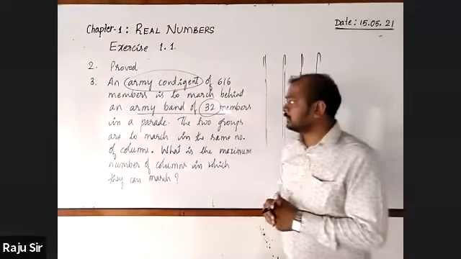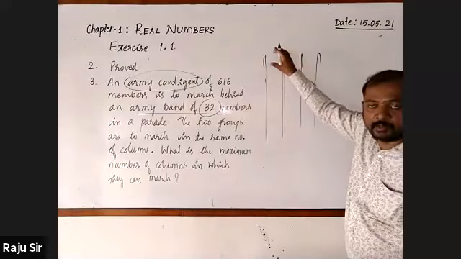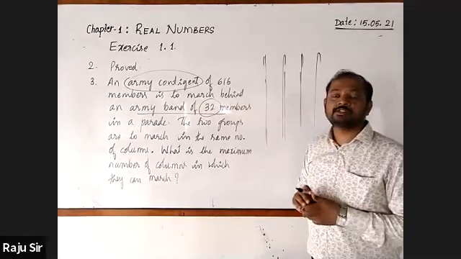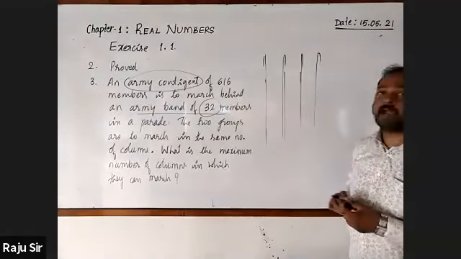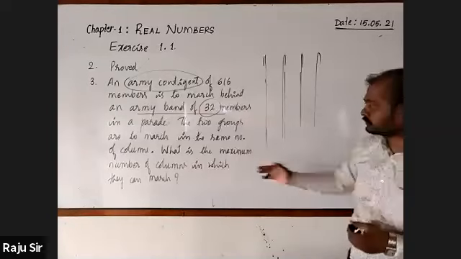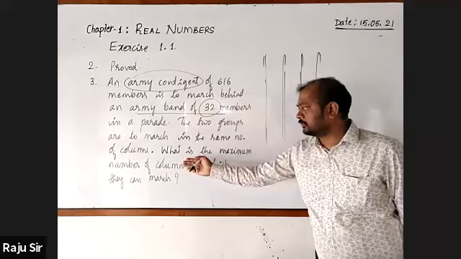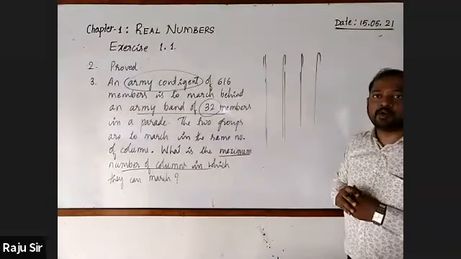You are going to find out the maximum number of columns in which both the contingents as well as the band members can march. It belongs to HCF. The reason is the maximum number of columns.